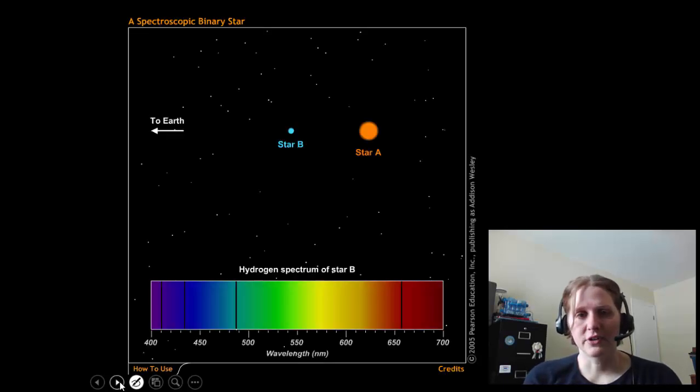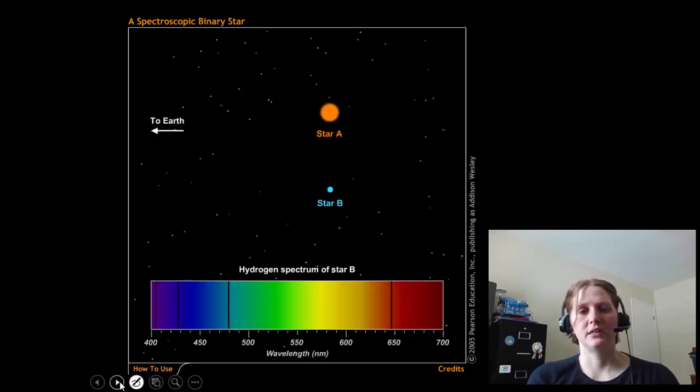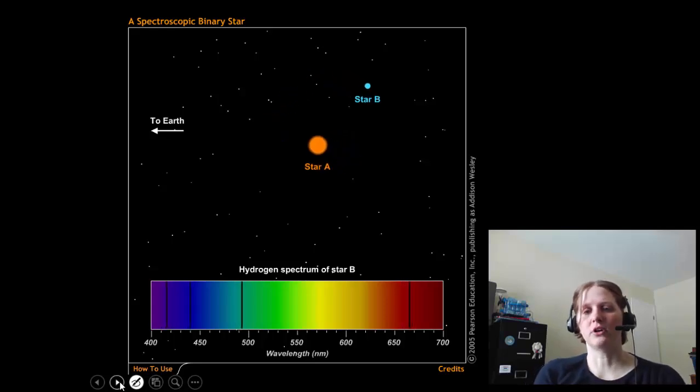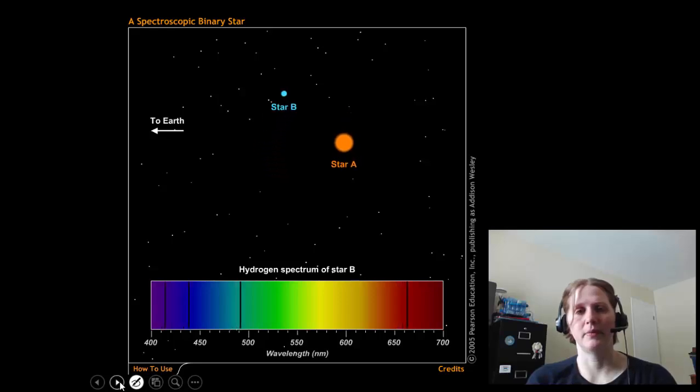So we use the Doppler shift to find the speed of objects. One thing we do with that is look at binary stars. So in this animation, we've got two stars, A and B. We are actually not even looking at star A, we're only looking at the blue star. So the spectrum of the blue star is shown below.